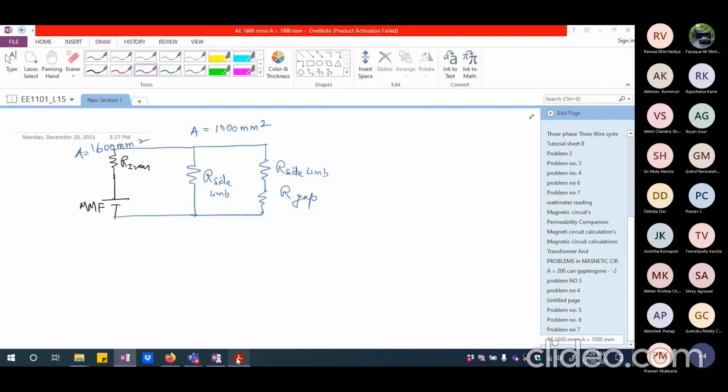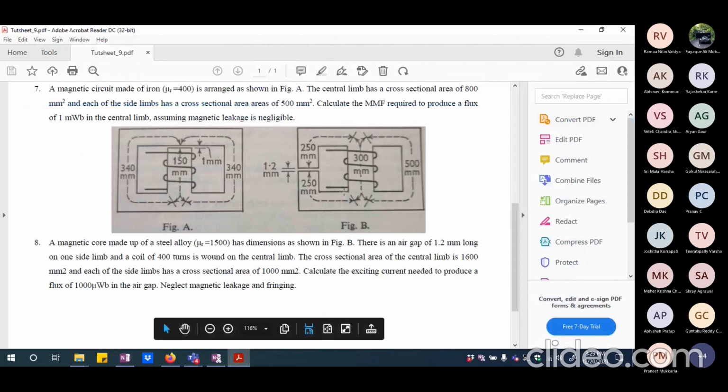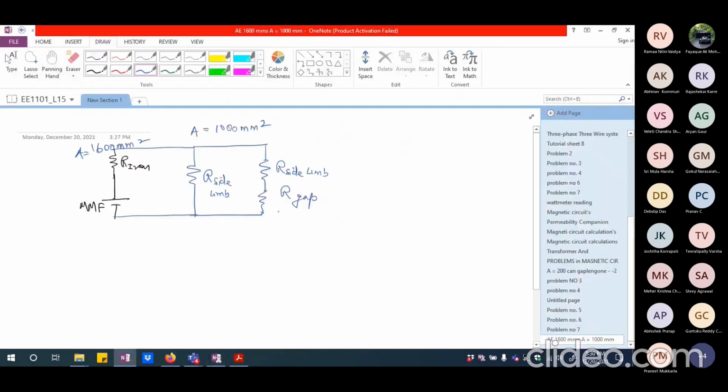And you will have the lengths also given clearly. For the middle limb it is 300 mm, and here it is 500, here 250, 250 plus 1.2. So this is 1.2 mm, and this is 250 plus 250, and this is 500 mm and this is like 350 mm.